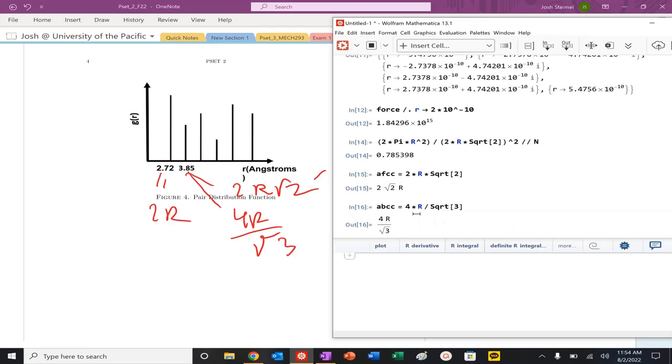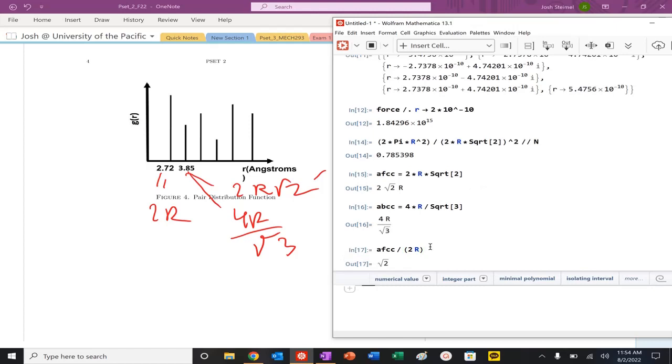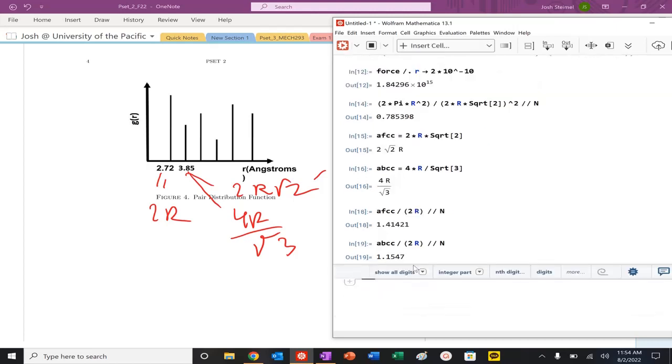If I do A FCC divided by 2r, I'll get this ratio. If it's BCC, I get this ratio. So what is the ratio that we have?